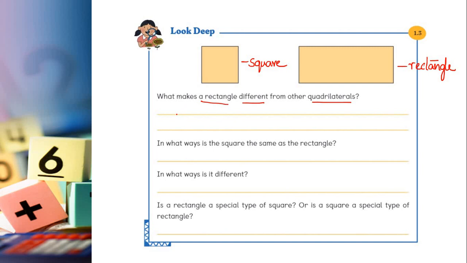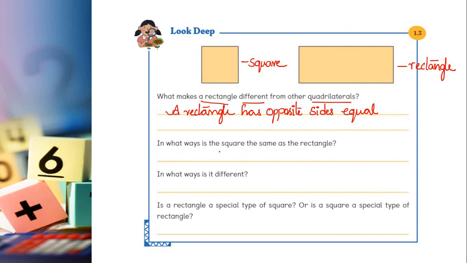A rectangle has opposite sides equal. In other quadrilaterals, they are not like that. Only in rectangle, opposite sides are equal.